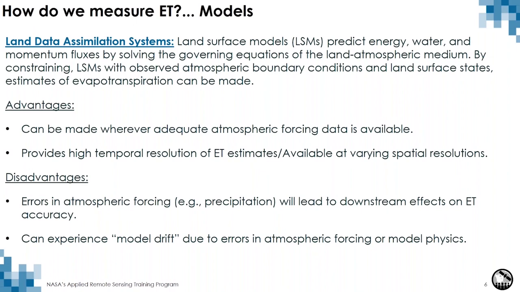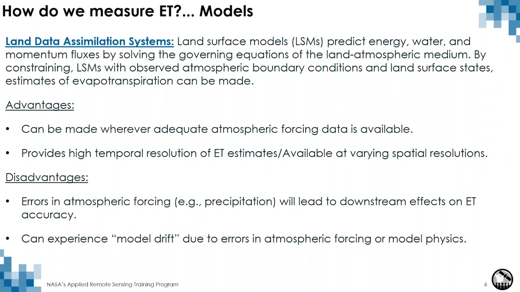So with land data assimilation systems and land surface models that are able to predict these energy and water fluxes, we constrain them with observed atmospheric conditions. We know the temperature, we can measure the wind, we can measure the humidity. And then we have physics within those models to estimate rates of evapotranspiration and changes in soil moisture.